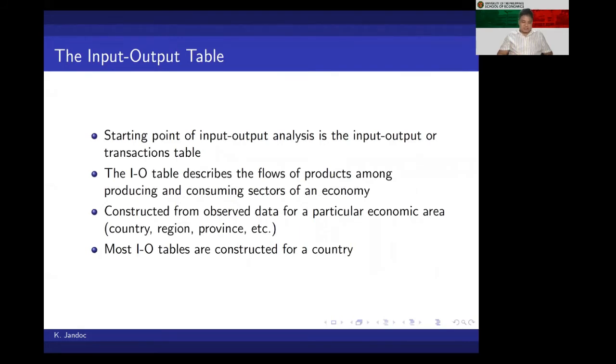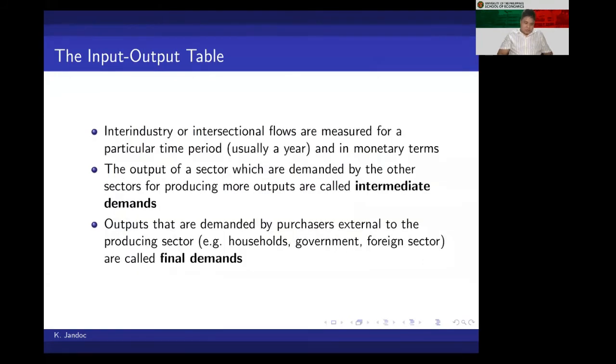Mostly in the Philippines, it's constructed for the whole country. In this model, flows between industries or between consumers and producers are usually measured for a particular time period, usually a year. And this is in peso terms, so it's monetary.